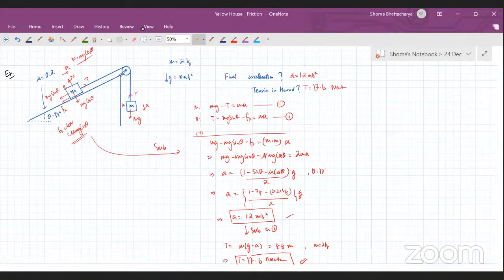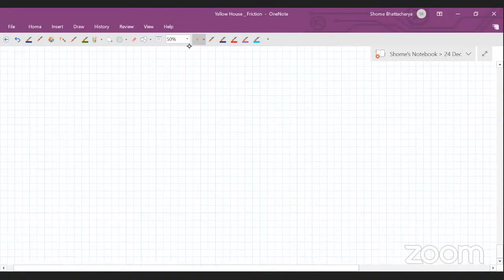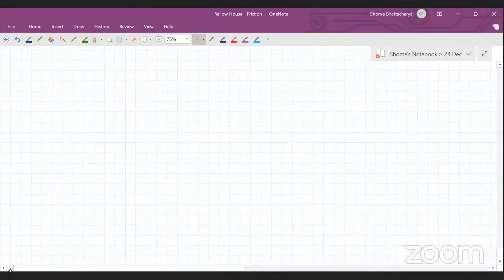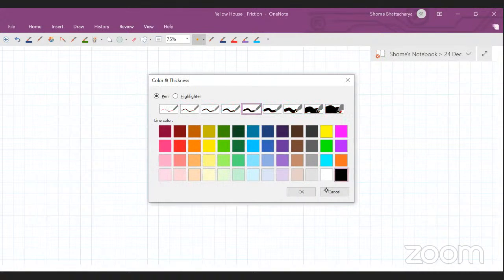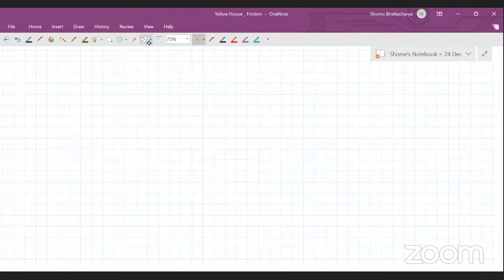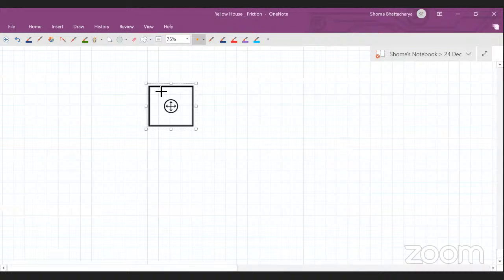Okay, so hope this example is clear. So let's conclude with one final question. So now we have a situation like this. We have a block placed against a rough wall like this.